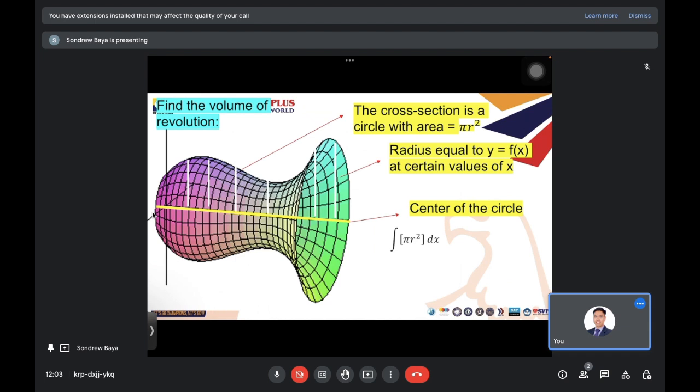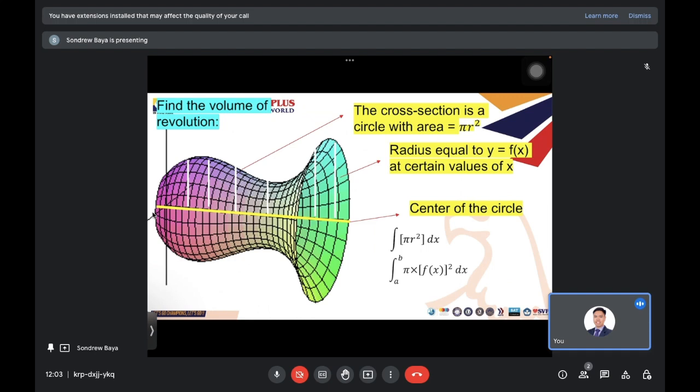Now again, the radius of this circle corresponds to the function f of x at a certain value of x. In other words, the volume of this particular object will just be equal to the integral of pi times your function f of x squared dx, from a certain interval a to b.